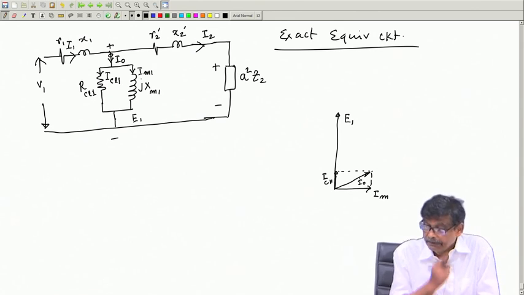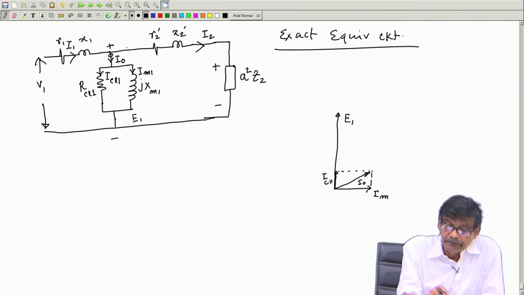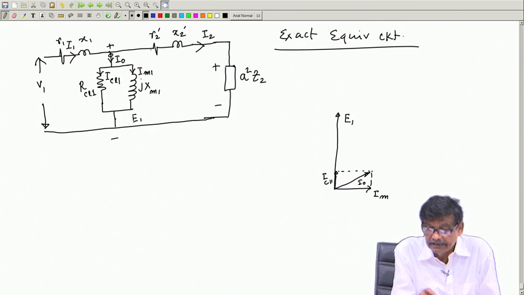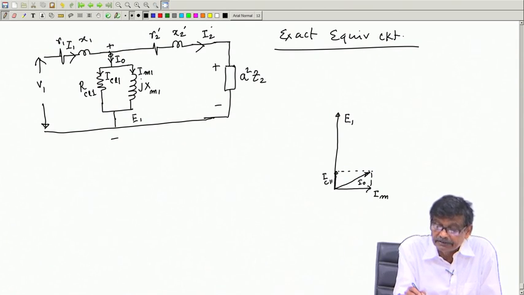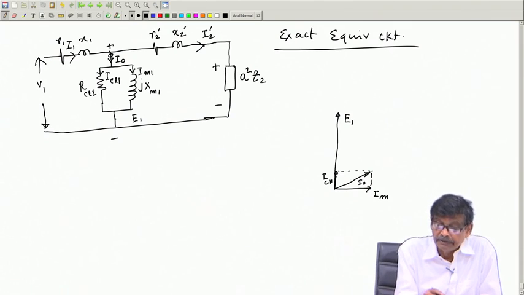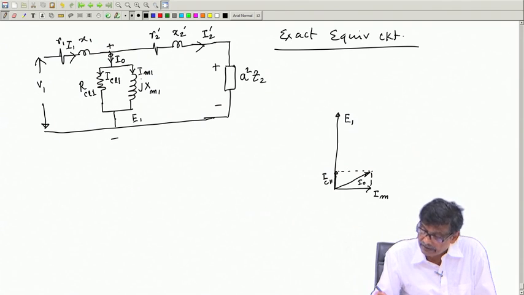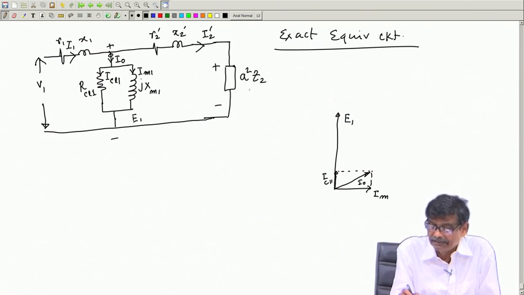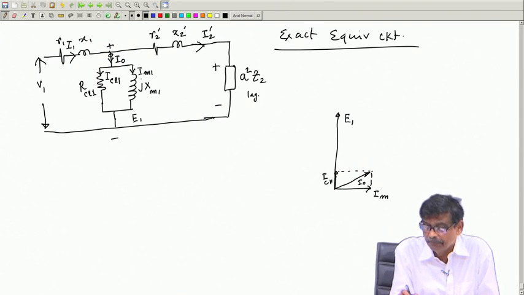Then E 1 divided by this whole impedance will give you the current I 2 dashed. Suppose that current is lagging power factor, let us assume.